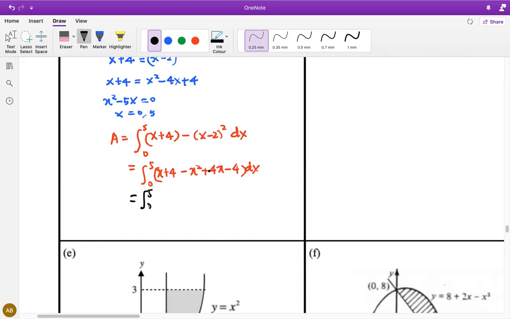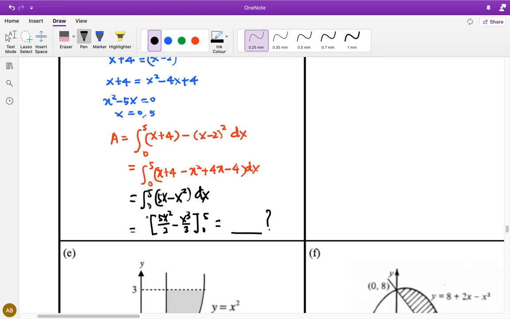So we continue from 0 to 5. Here is 5x minus x squared dx. So if you integrate, you get 5x squared over 2 minus x cubed over 3 from 0 to 5. So you'll get your answer, right? You find it yourself. The answer should be positive, right?